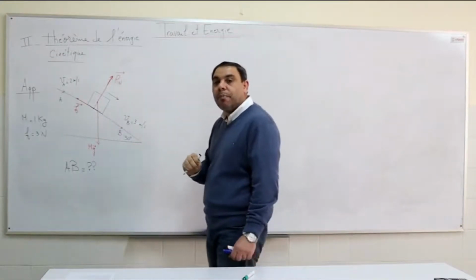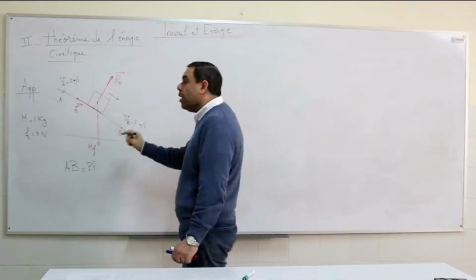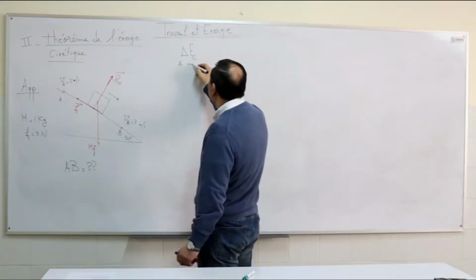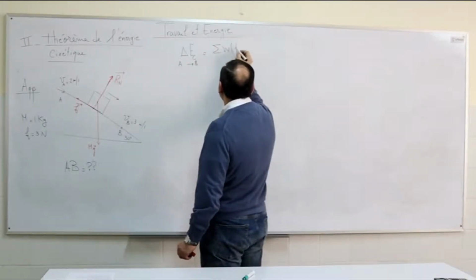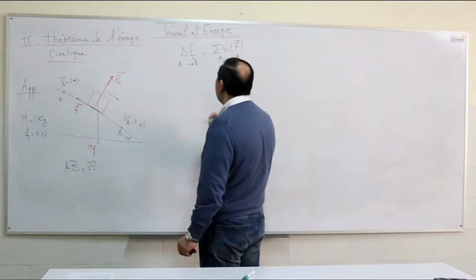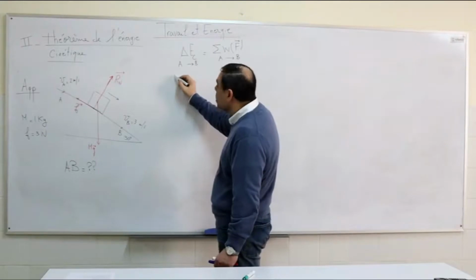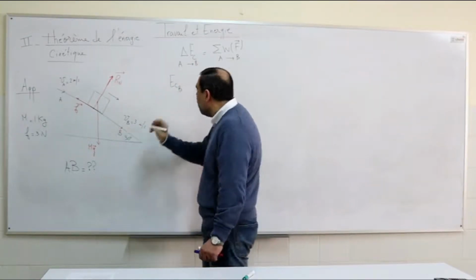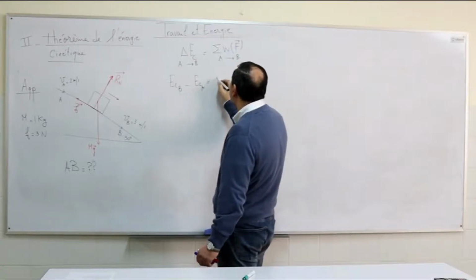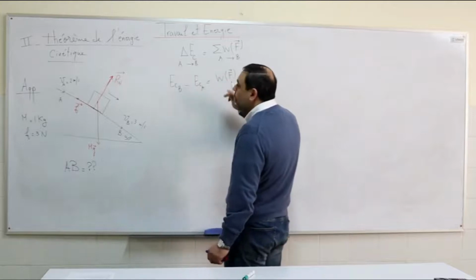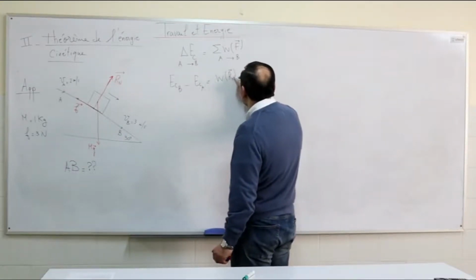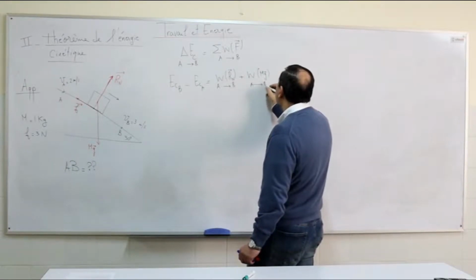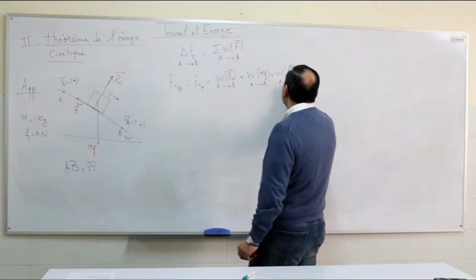So we can directly apply the kinetic energy theorem between A and B. The variation in the kinetic energy of the box between points A and B is equal to the sum of the works of the forces acting on the box between points A and B. The final kinetic energy, which is the kinetic energy at point B, minus the initial kinetic energy, which is the kinetic energy at point A, is equal to the work of Rn from A to B, plus the work of mg from A to B, plus the work of the friction from A to B.